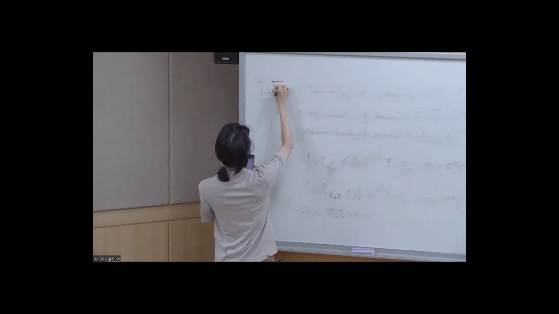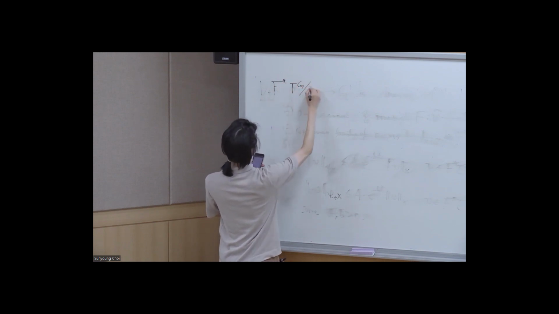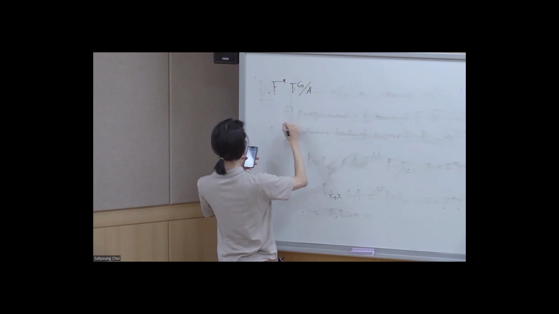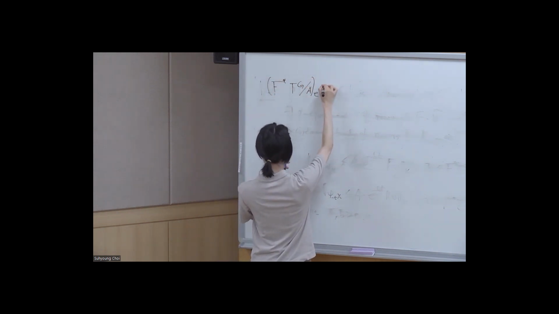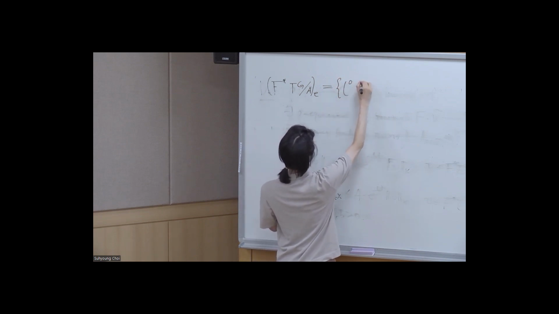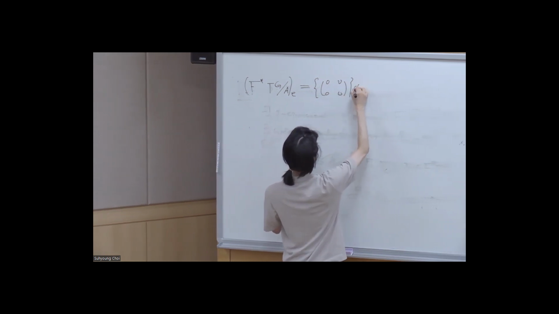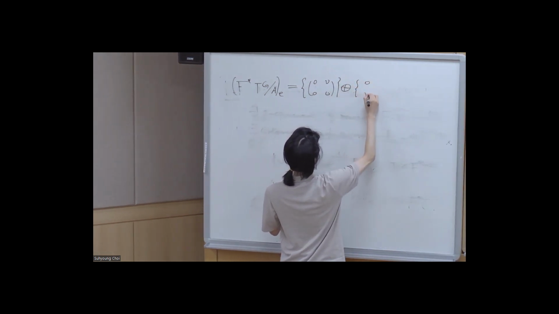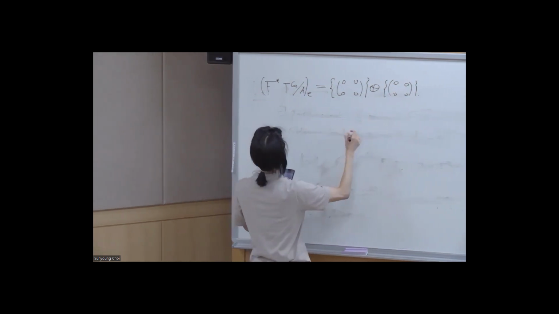So let's say the pullback of the tangent bundle of this space at the identity. I can write it as follows: these kinds of matrices, direct sum with lower triangular matrices with zero diagonal.